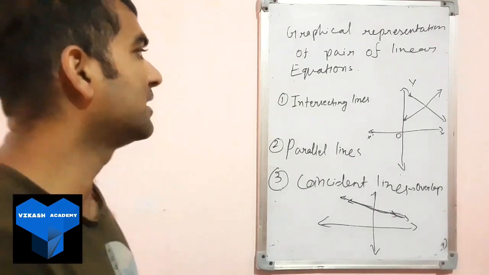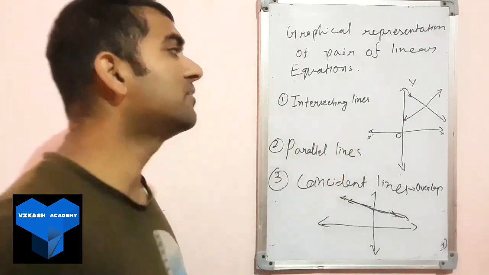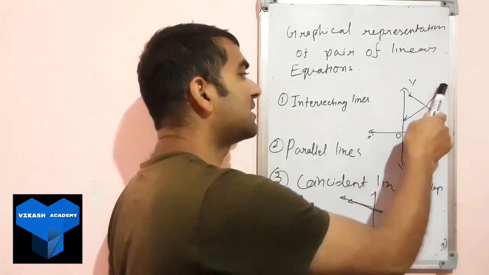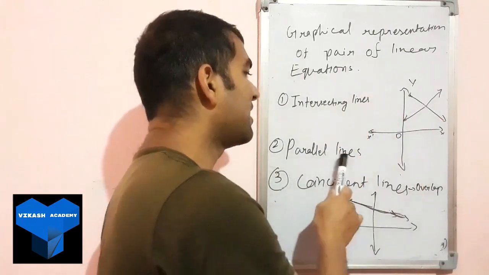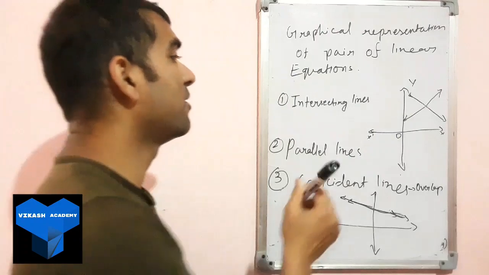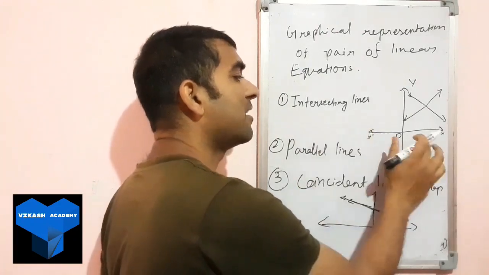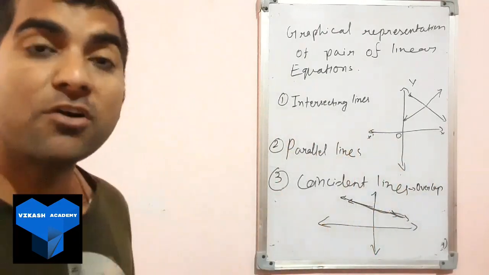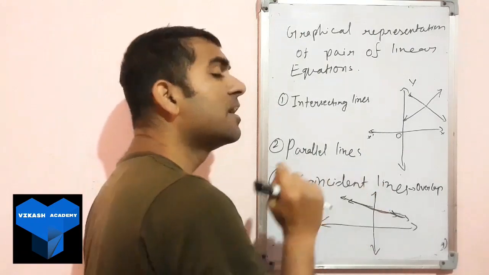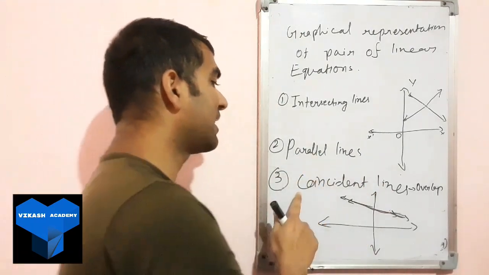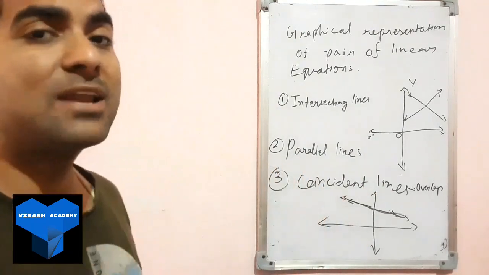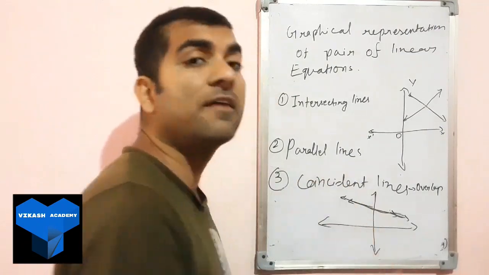I hope you are clear what an intersecting line is: two lines intersect each other at a common point. Parallel lines, when we plot the graph, are parallel to each other, meaning they don't have a common point. In the case of coincident lines, one line will overlap the other.